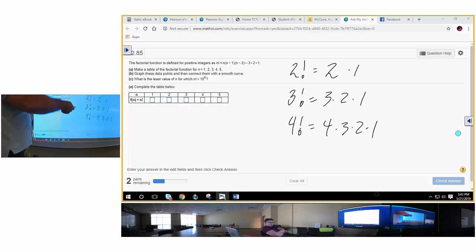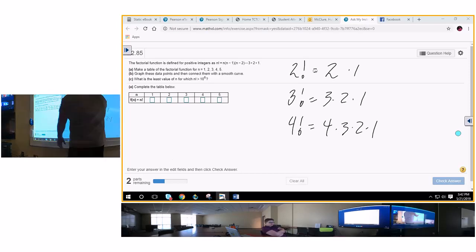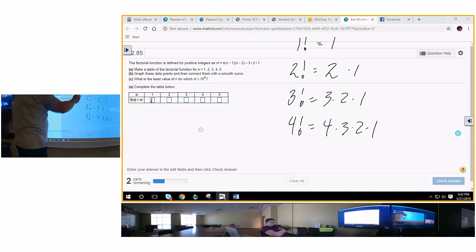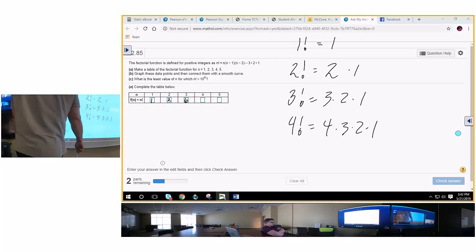What they're wanting you to do right here is 1 factorial is 1. 1 factorial is equal to 1 times, that's it, it's 1. 2 factorial is 2. 3 factorial is 6. This is not a good question. Is this going to be relevant later on?